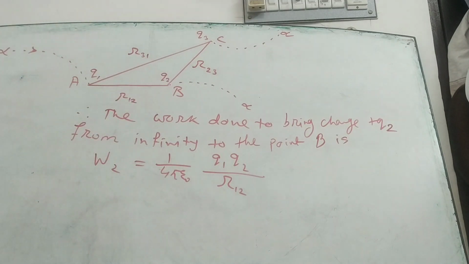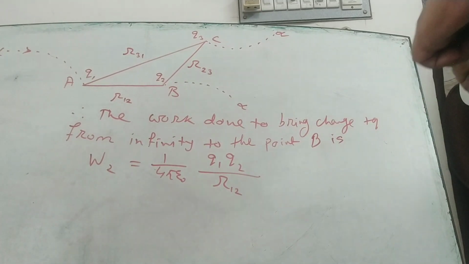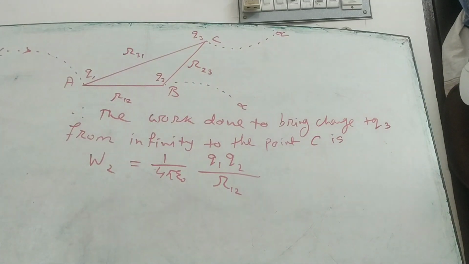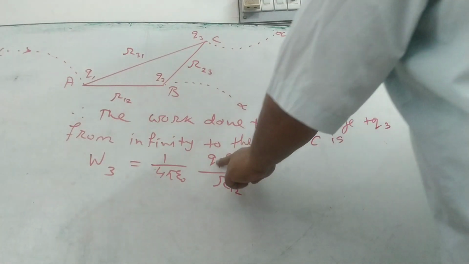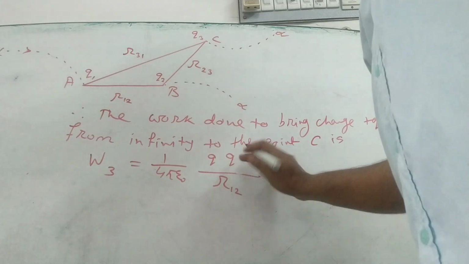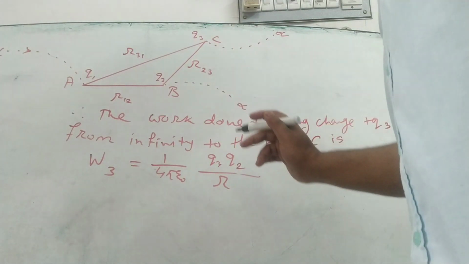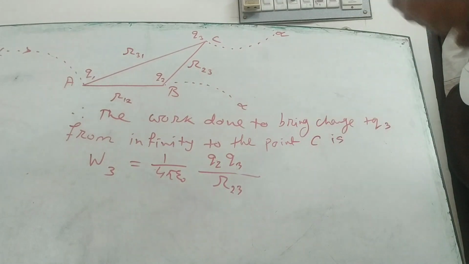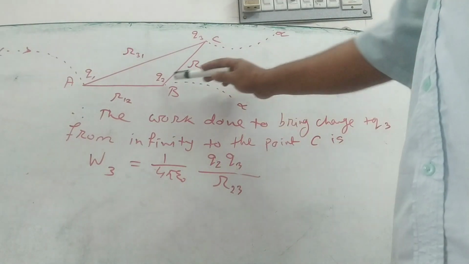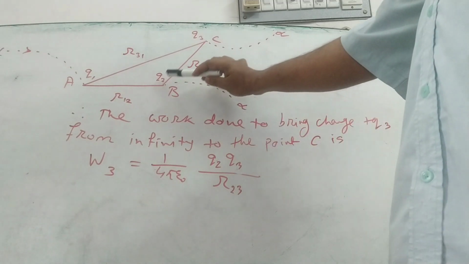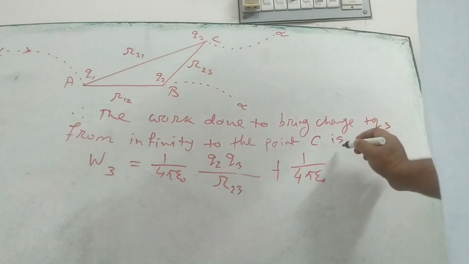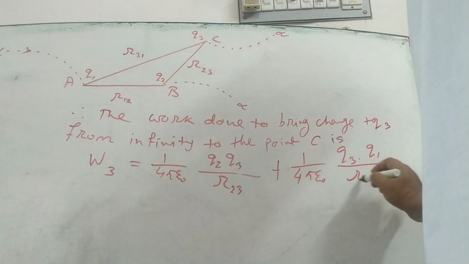Therefore, the work done to bring the charge q3 from infinity to the point C is W3 equal to 1 by 4 pi epsilon 0 q2 q3 by r23, where r23 is the distance between B and C. This work done is against the force produced by the q2 charge, plus 1 by 4 pi epsilon 0 q3 q1 by r31.